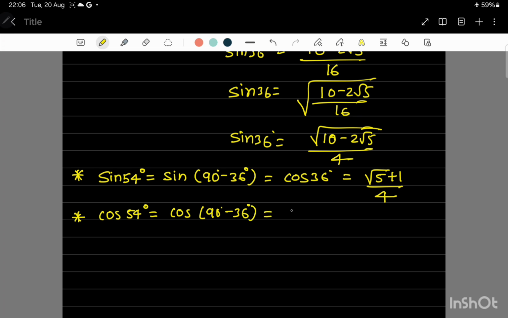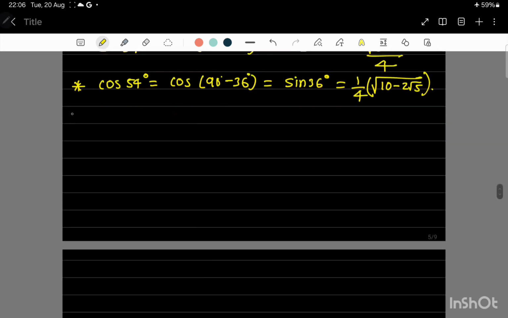So cos (90 minus theta) is sine theta. So sine 36 degrees is 1 by 4 into root of (10 minus 2 root 5), because the sine 36 degrees value you know. And then the last one is tan 7 and a half degrees.